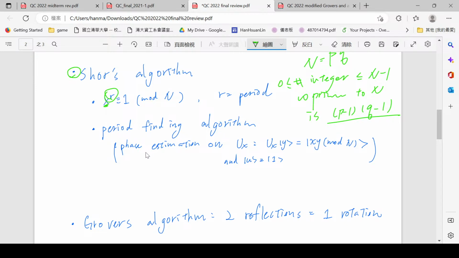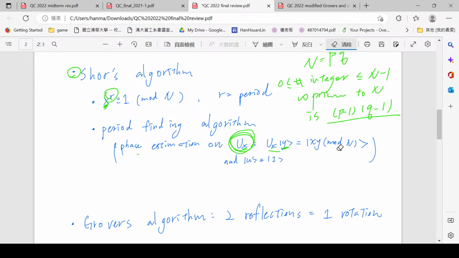And we do this by doing a phase estimation on actually a pretty classical operation, this U_x. So this x is the same as this x. And what U_x does is just multiplication. So you apply U_x on any computational state y, then you get another computational state xy, and obviously everything should be mod n. Okay? So this is just a multiplication.